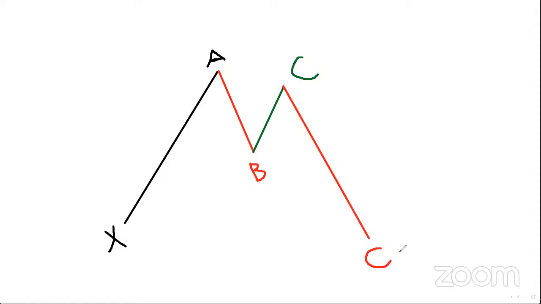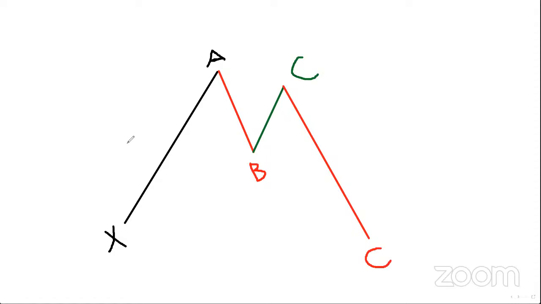If BC is 38.2 of AB, this is what it takes. If BC is 88.6 of AB, then CD should be at least 161.8% extension of BC. Okay, then we have AD. The overall price move between A and D should be 78.6 of XA.